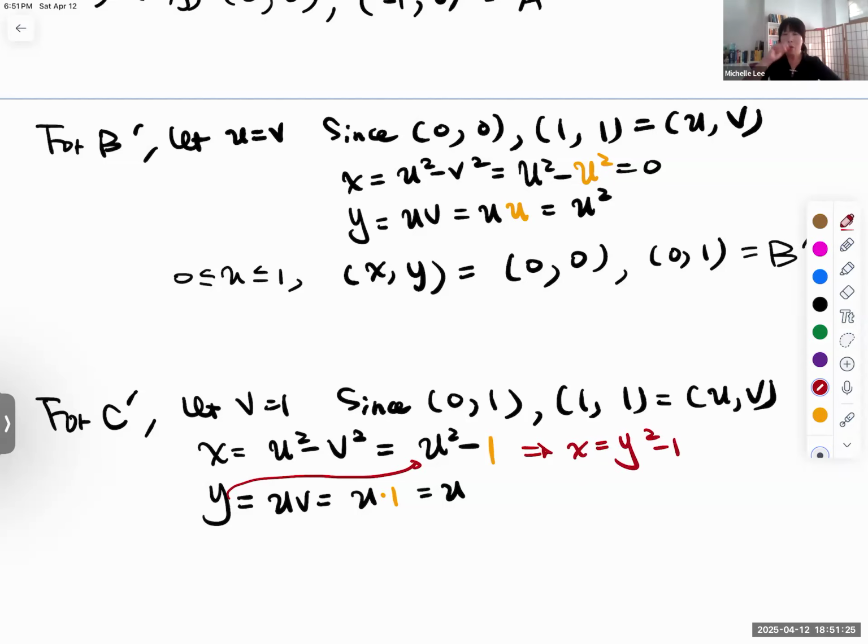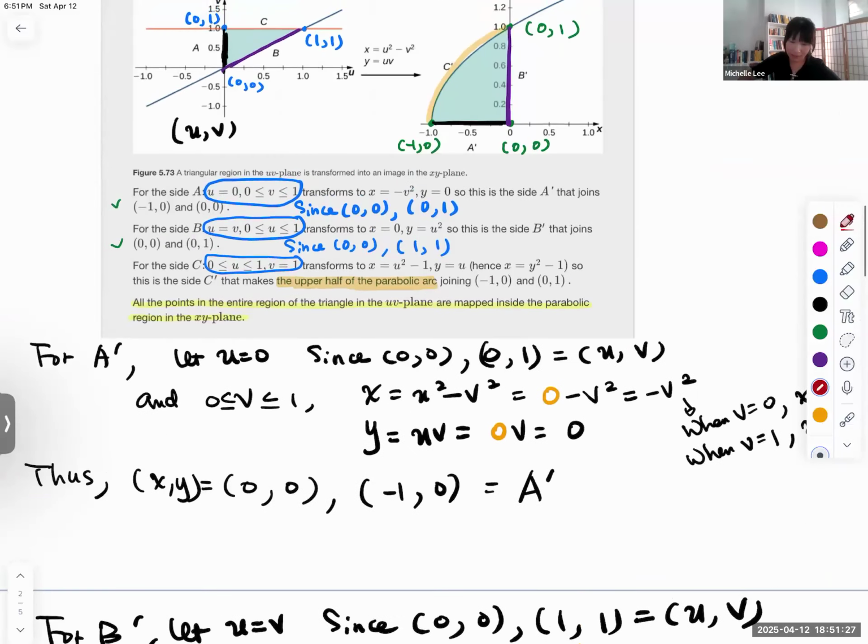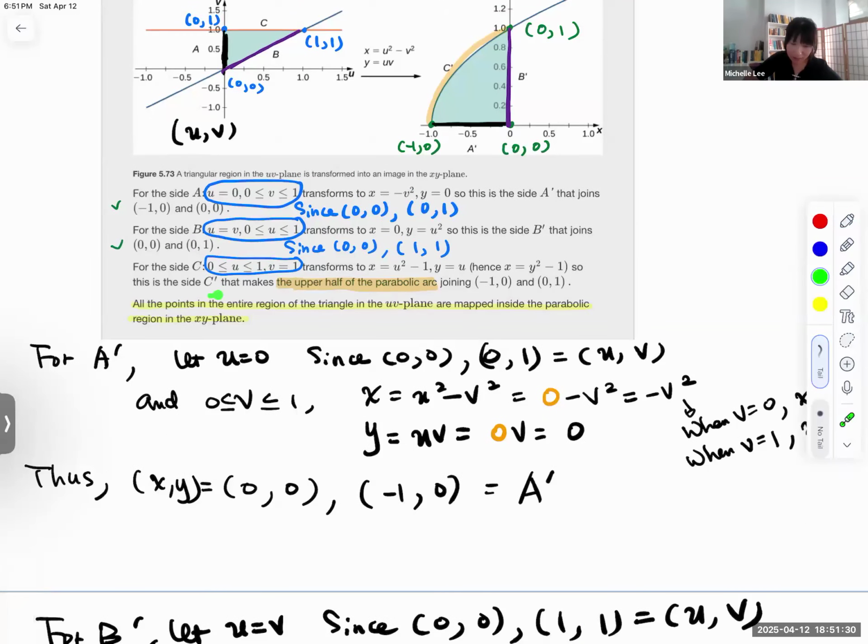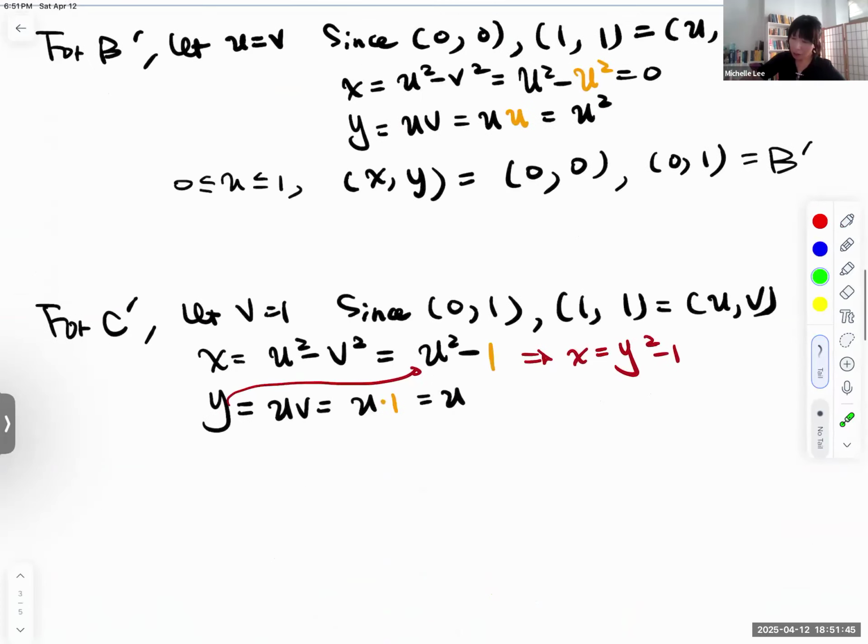Okay, they say that this C prime makes it the upper half of the parabolic arc. Yeah, parabolic arc. Okay, so let's finish that. We need to set it up. U equal to 0 to 1. So U is between 0 and 1.